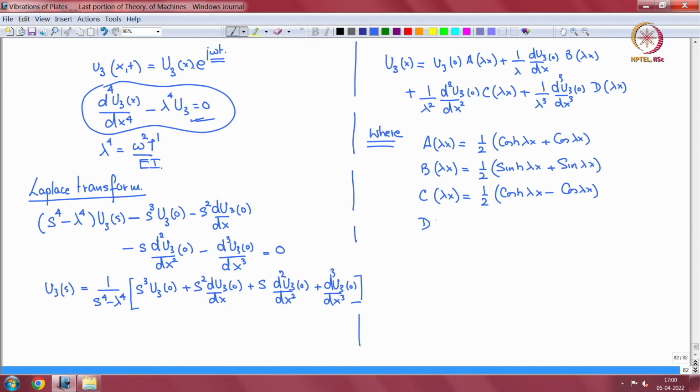Then D of lambda x is equal to 1/2 sinh lambda x minus sin lambda x. We will give some properties of this. You can see that A of 0 is 1, whereas B of 0 is equal to C of 0 is equal to D of 0 is equal to 0. So we will continue along these lines.